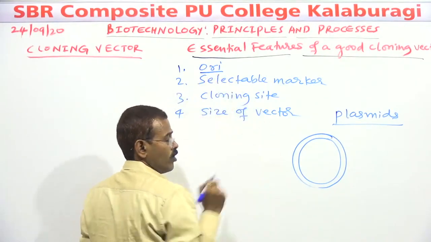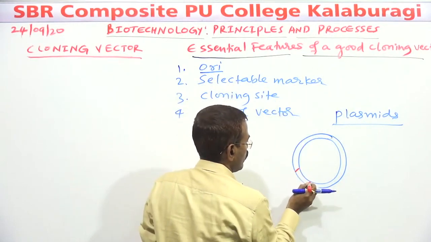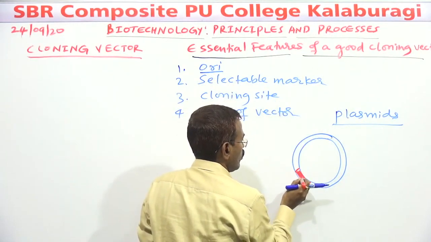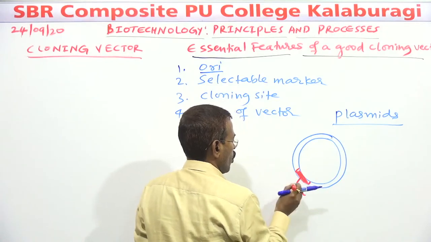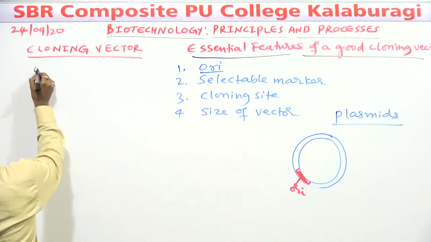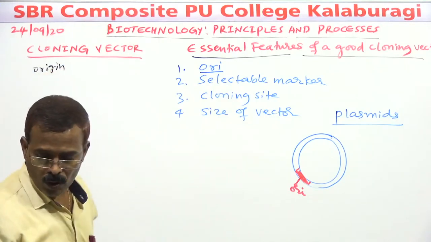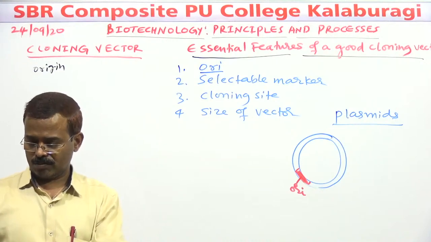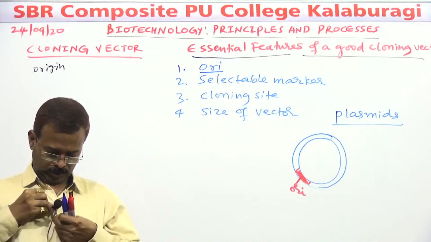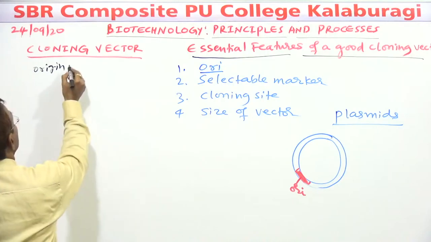So this vector should have ORI. This is ORI. ORI stands for origin of replication.